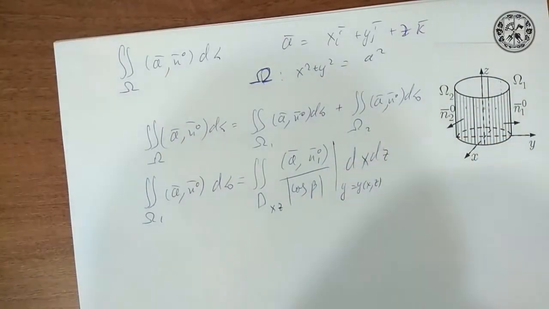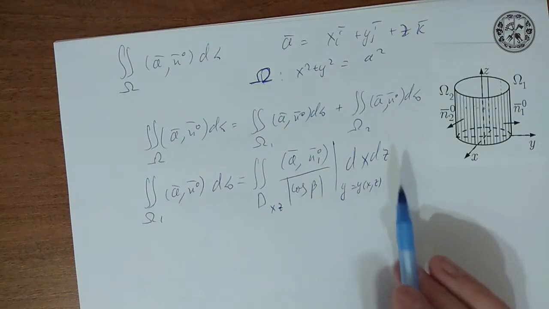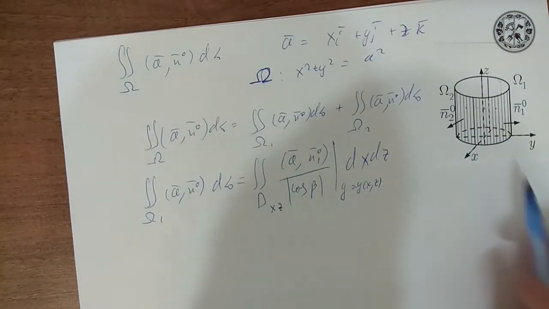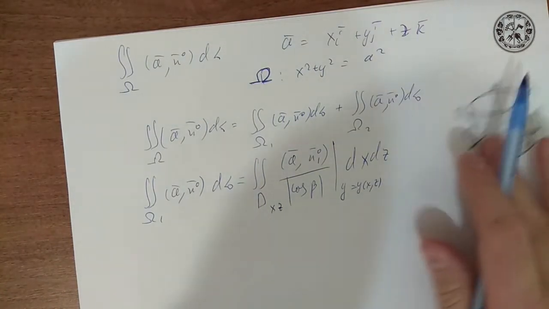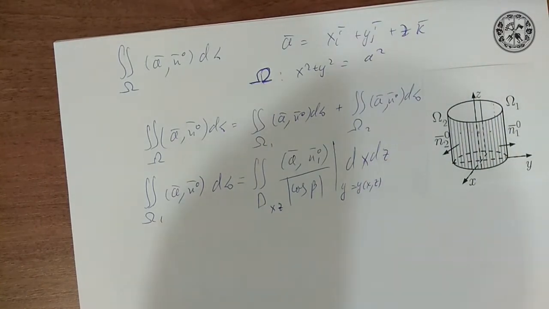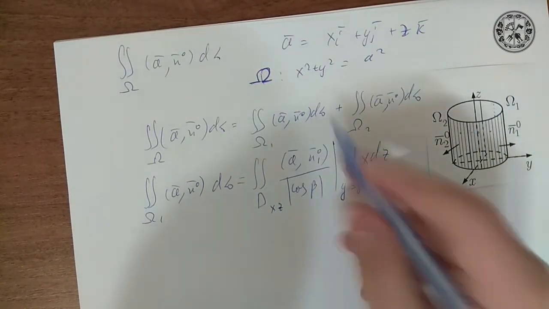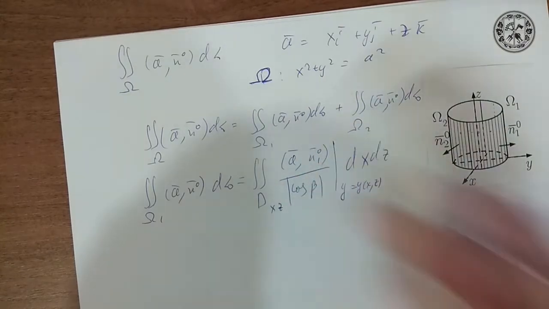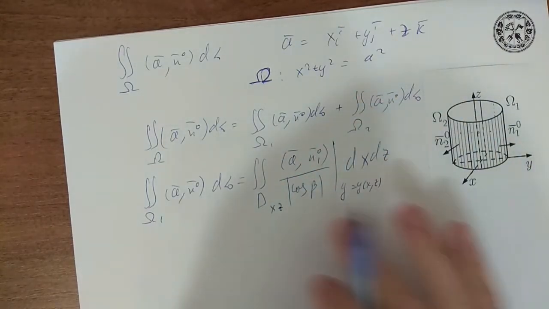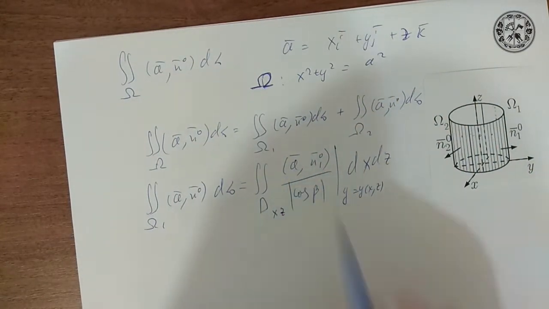So we divide by the angle that we are omitting. Here we are getting rid of y, and that's why we substitute everything with y, and we divide this product by the absolute value of cosine beta.